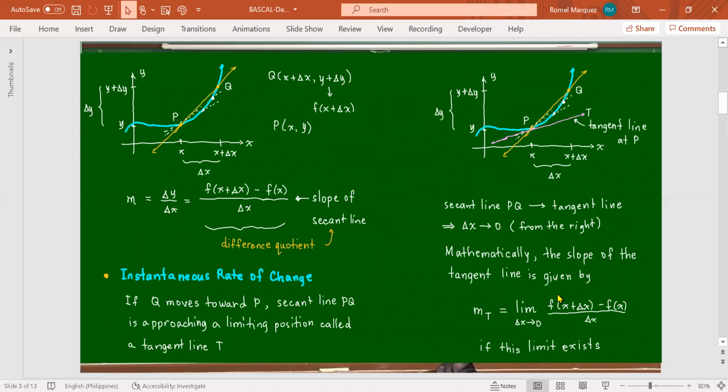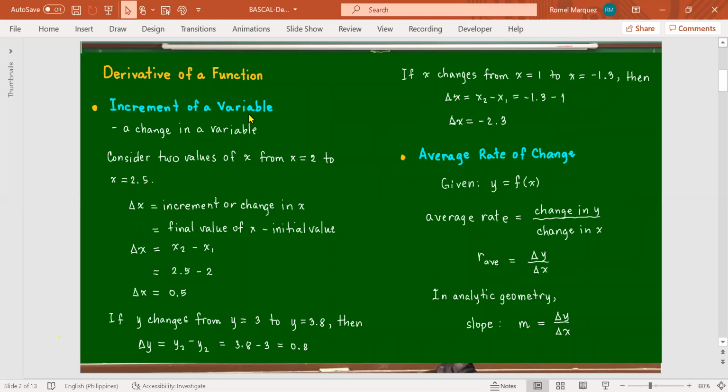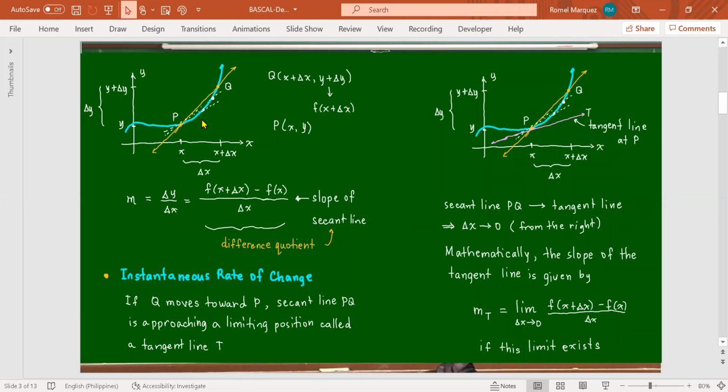Do you know what derivative means? Remember, saan tayo nag-start? We started with just an increment, and then we talked about average rate of change, and then we interpreted that graphically, and then we came up with instantaneous rate of change. And how do we come up with it? We try to move Q towards P, and we get a limiting position of a secant line, and that is called the tangent line, and we want to measure the slope of the tangent line, and that is the limit of this difference quotient as delta x approaches 0, because as Q moves towards P, delta x is getting smaller and smaller.